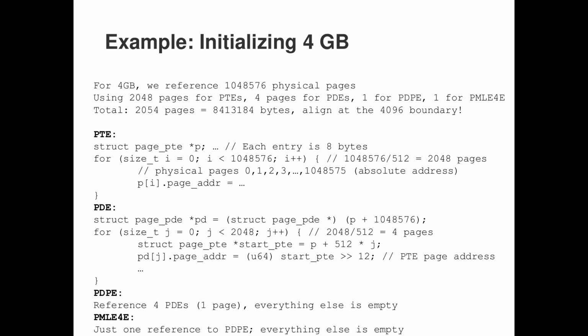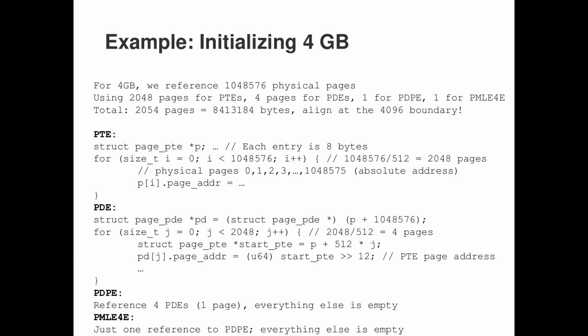So how do we do that? Let's say we want to create an identity page table. We iterate from 0 to 2 to the power of 20 minus 1, and we initialize the page address with 0, 1, 2, 3, and so on.